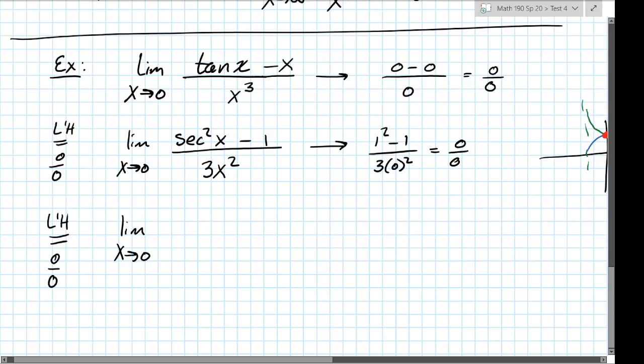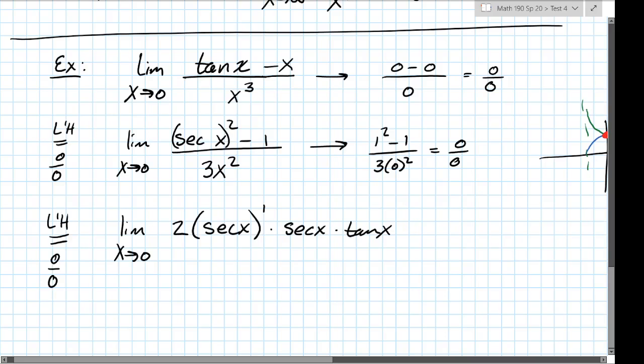Now, don't forget, this is a power rule because secant squared of x is the same as writing the secant of x squared. So the derivative is a chain rule. 2, inside stuff stays inside to the first power, times the inside derivative, which is the secant of x times the tangent of x.